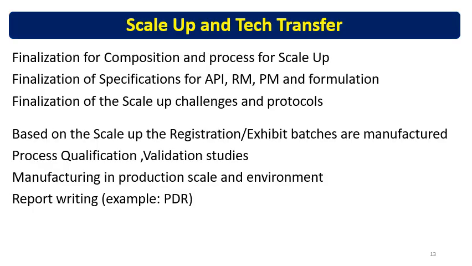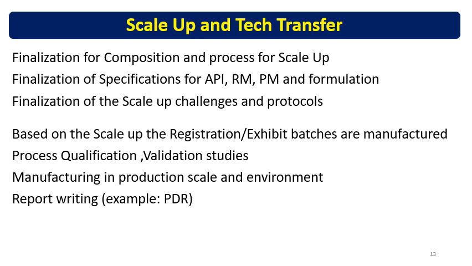Then coming to the scale up and tech transfer. Once you have finalized composition, once you have the prototype formula and process product matching the RLD in bioequivalence study, that means you have cleared the bioequivalence study, you have the stability data, you have the robust process, then the scale up and tech transfer activities can be initiated.